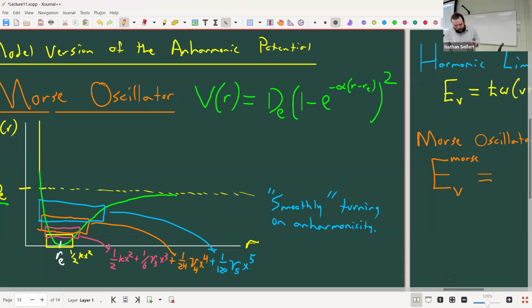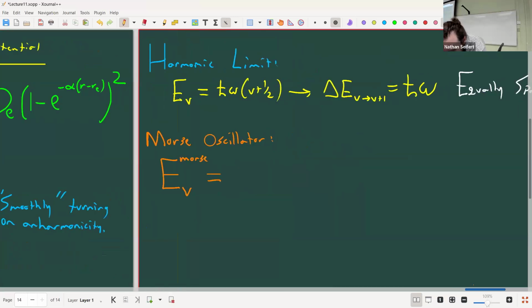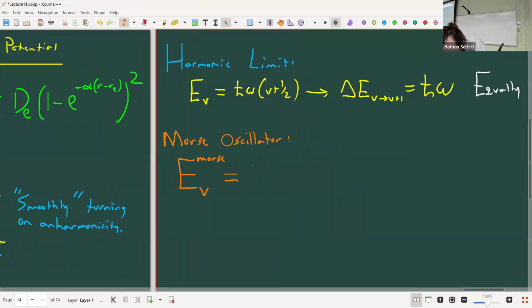The way this works, and this is exactly how it turns out in experiment, is that there is a harmonic term, h bar omega times v plus 1/2.